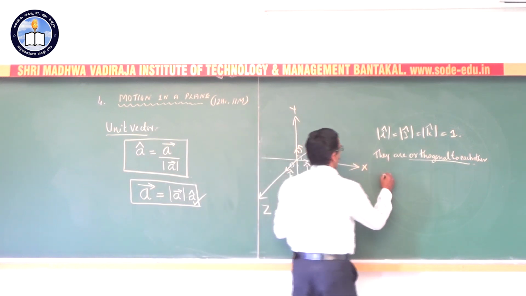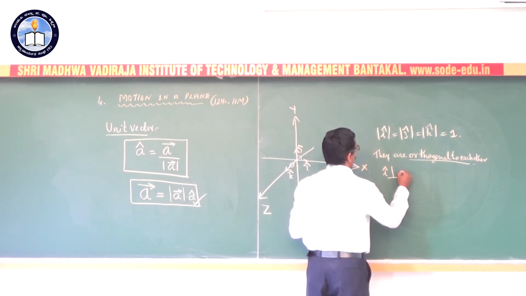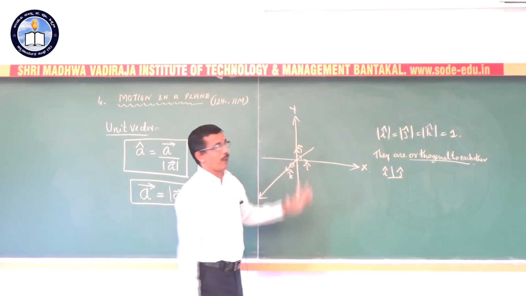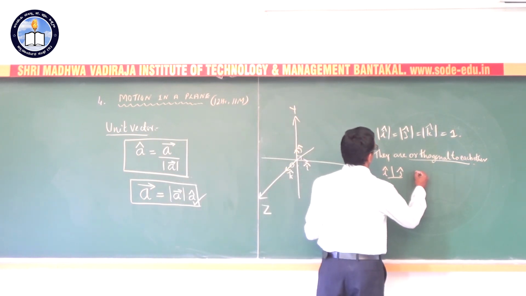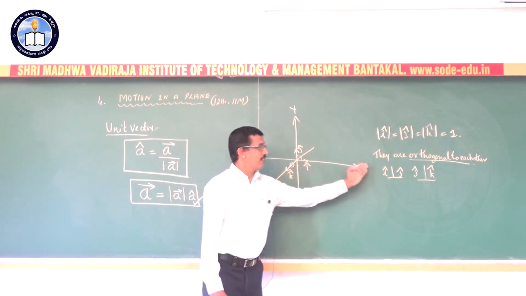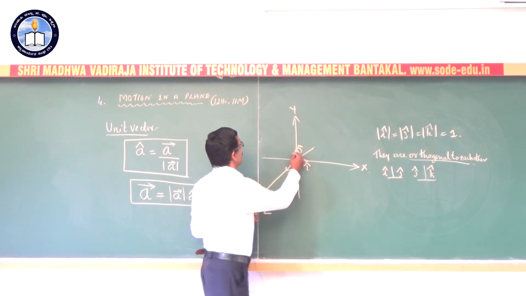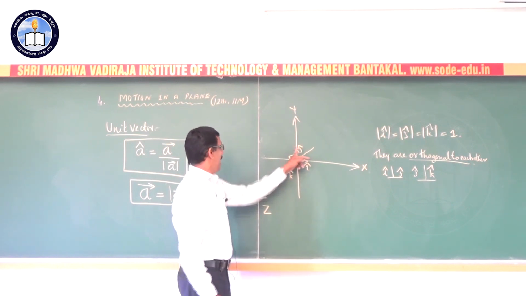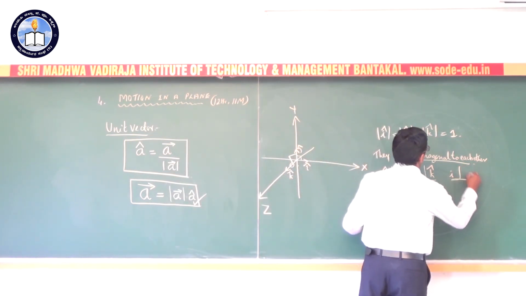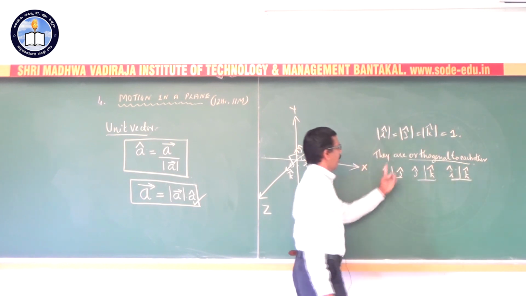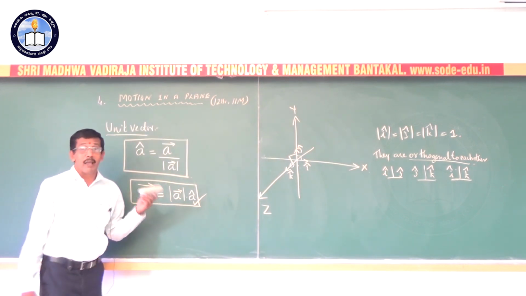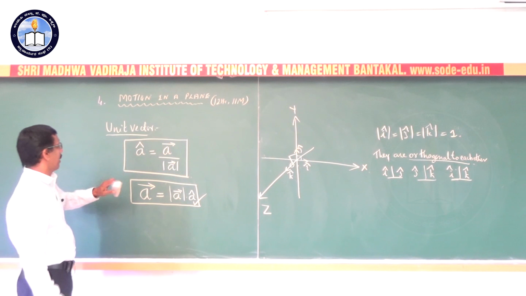Or we can say unit vector i is perpendicular to unit vector j. Why they are perpendicular? Because x-axis is perpendicular to y-axis, or j perpendicular to k, because the angle between y and z-axis is also 90 degree. Similarly, i is perpendicular to k. So they are called orthogonal unit vectors.